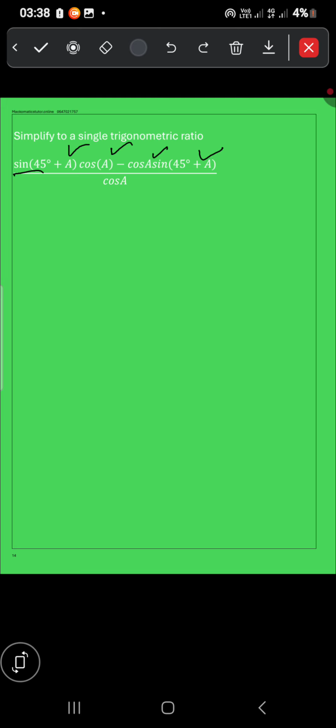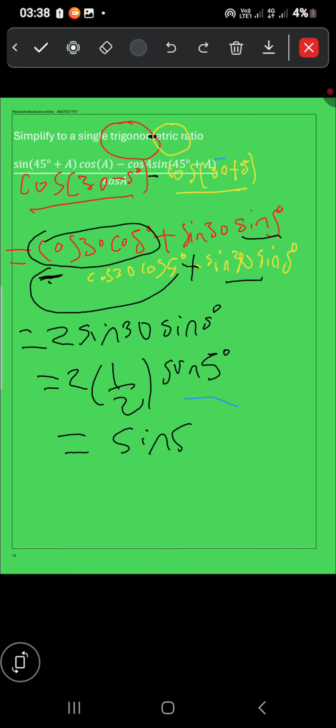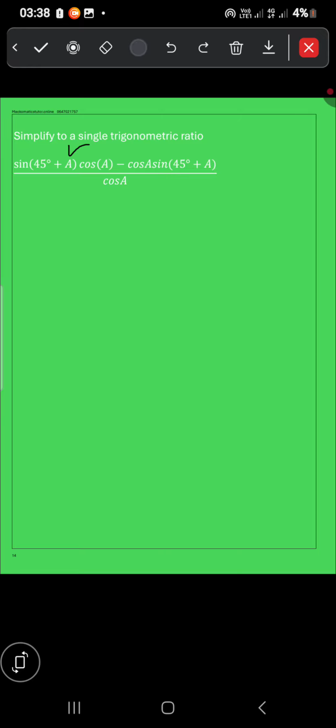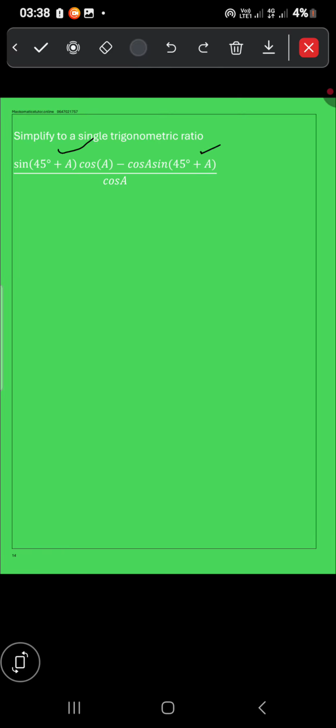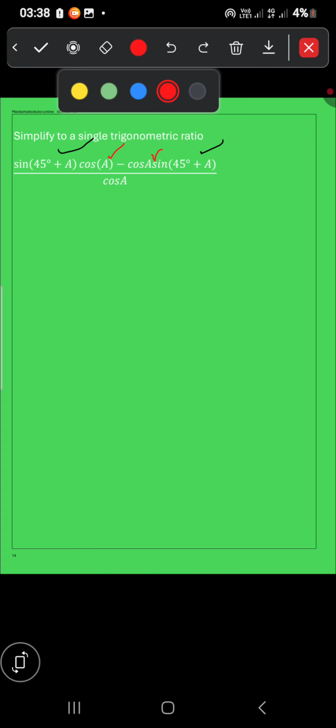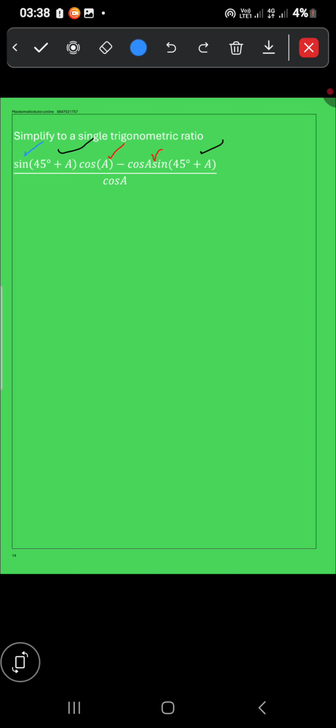Each trig ratio is repeating itself. Now this is sine and this is sine.